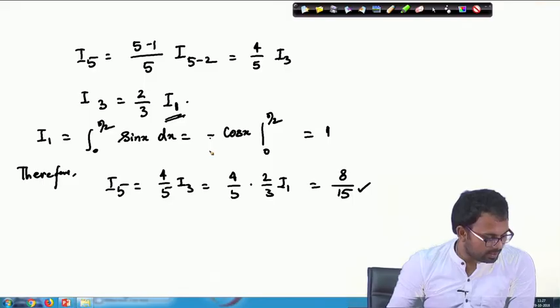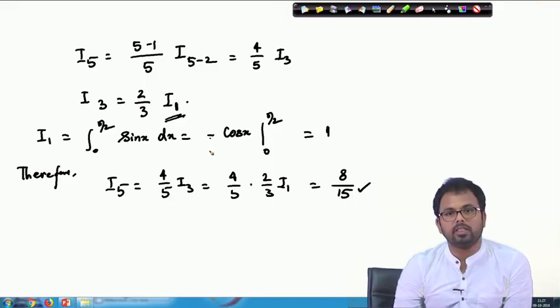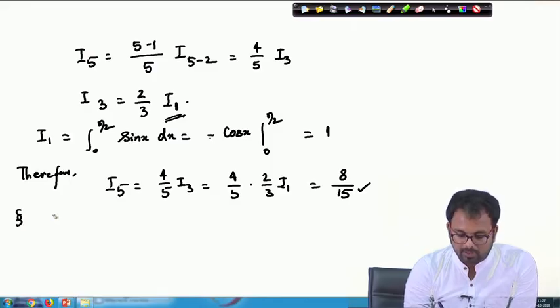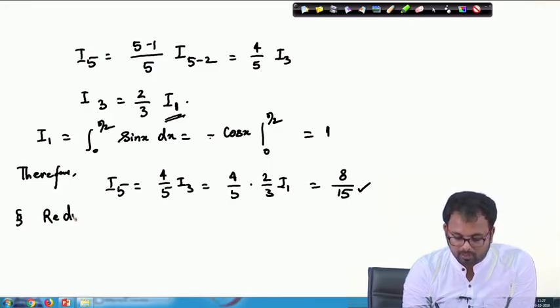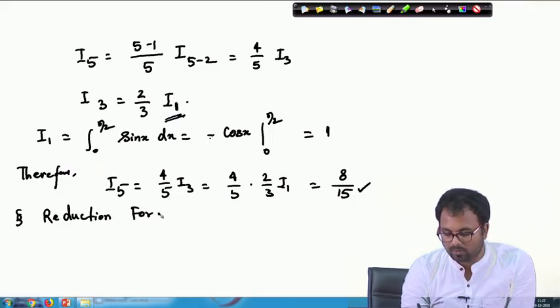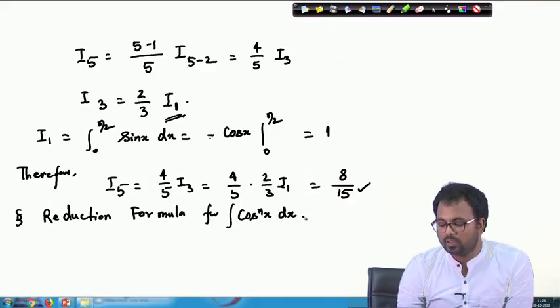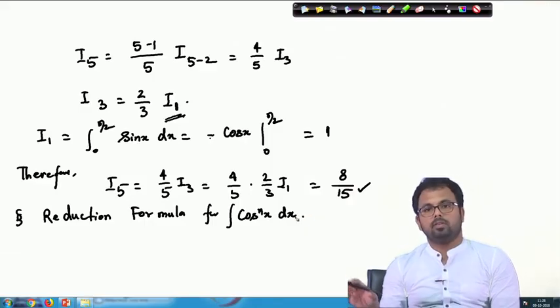Now that we have the reduction formula for sin x, let's look at the reduction formula for cos x. So this one is the integral of cos to the power n x dx. This follows on similar footsteps.